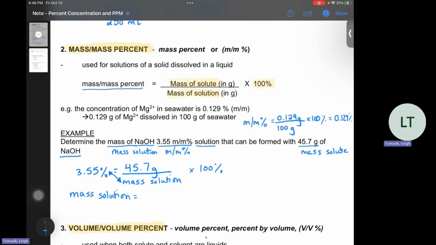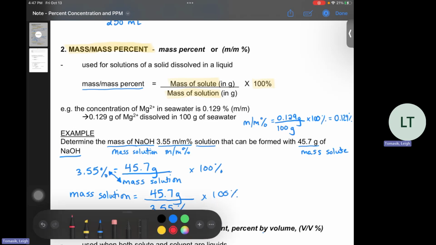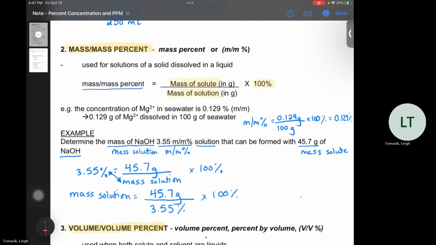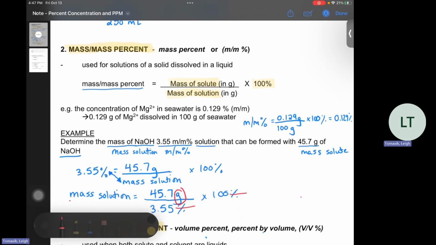is equal to 45.7 grams divided by 3.55% times 100%. Okay, the percents will cancel. And so we'll be left with something in grams, which we should because we're solving for mass.